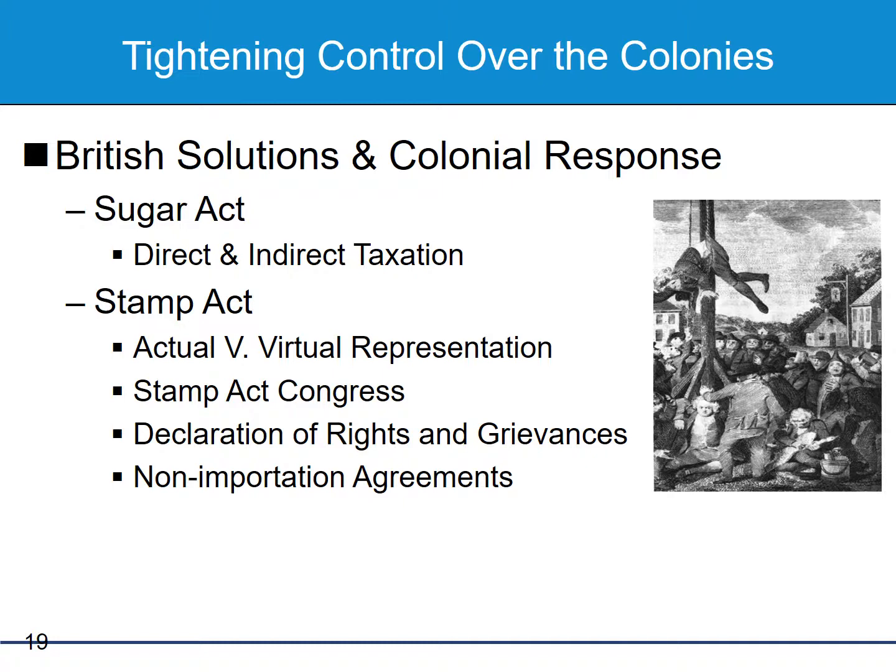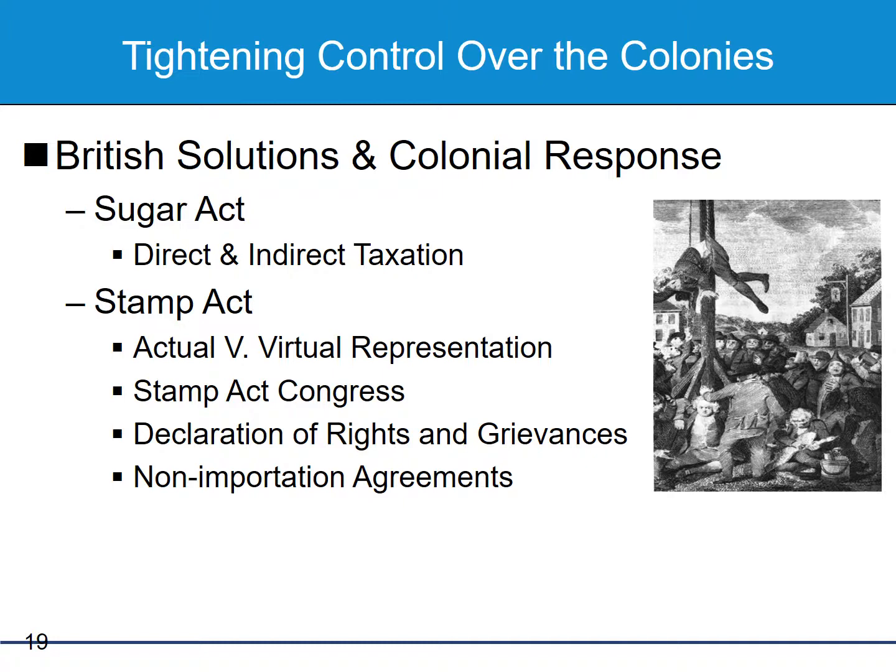They had never been to Great Britain. And the parliamentary system is very alien to them. And they feel that only their colonial assemblies can tax them, because that's what they were used to under the salutary neglect.